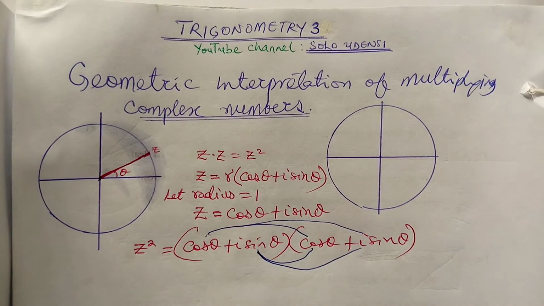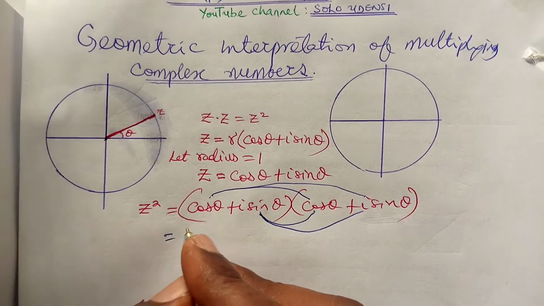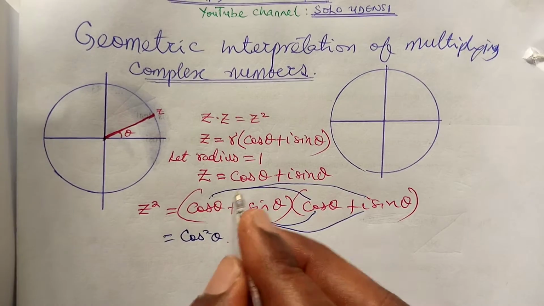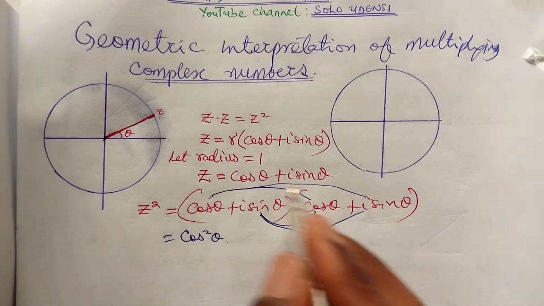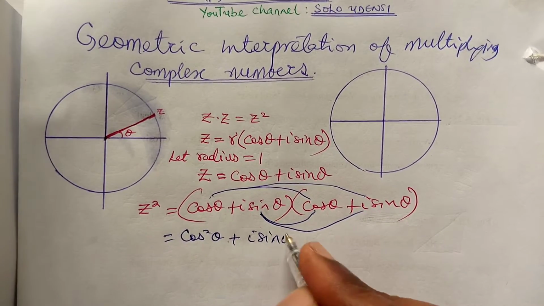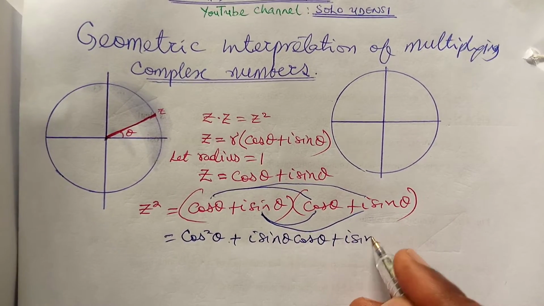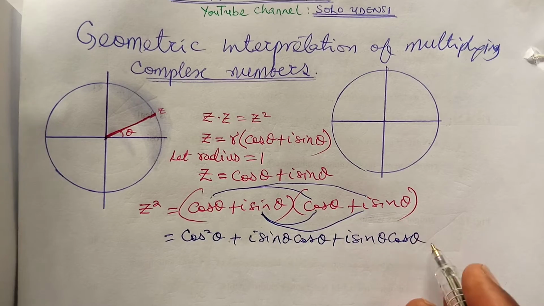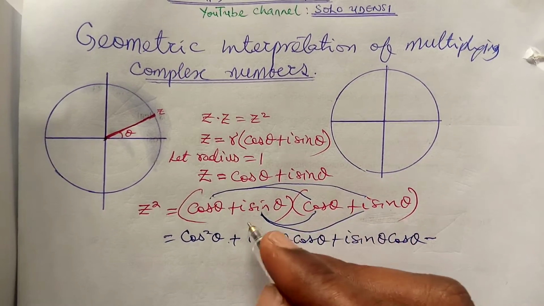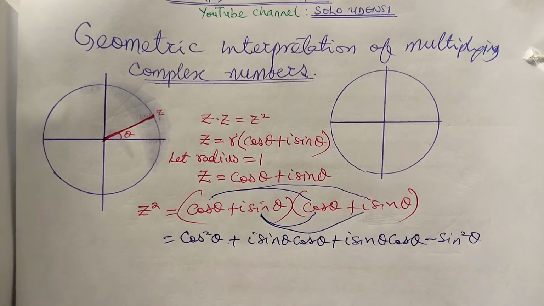We will have cos squared theta, plus i sine theta cos theta, and also plus i sine theta cos theta. This one times this is i squared, which is minus 1, so minus sine squared theta.